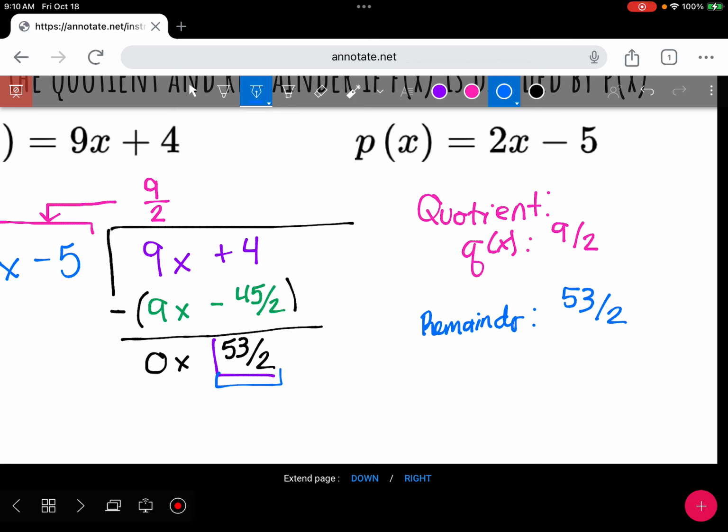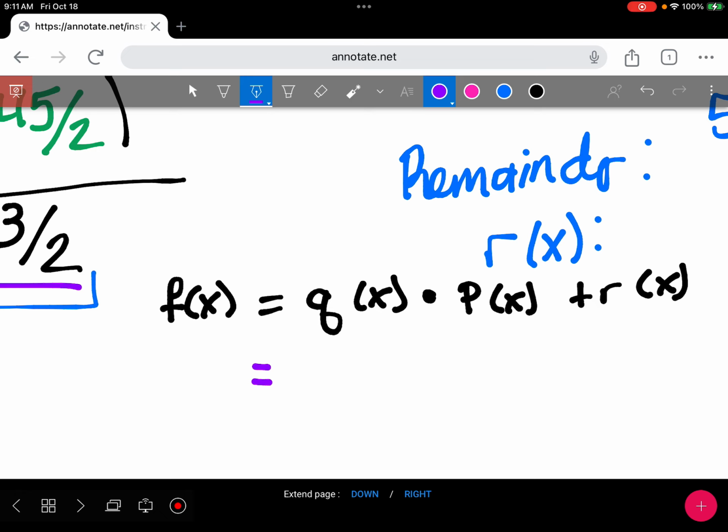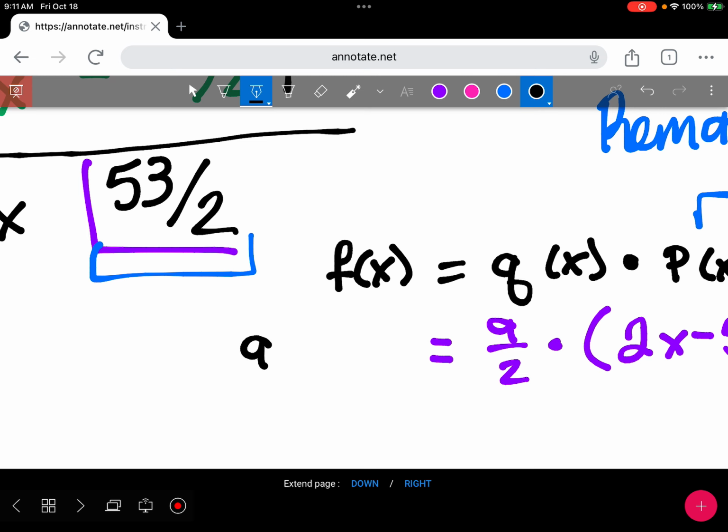So you could take our 9/2, our quotient, times our p of x, our 2x minus 5, and add our remainder, that 53/2. And you should get exactly what our f of x was, 9x plus 4.